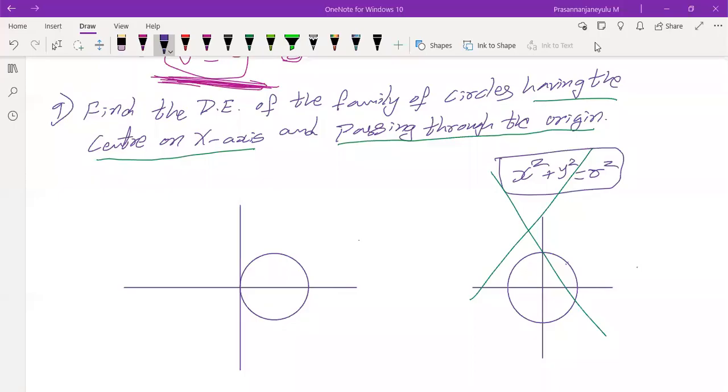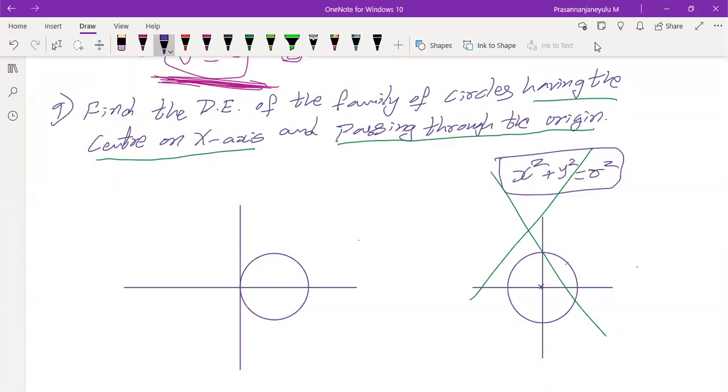As mentioned in the given problem, we have a family of circles whose centers are on the x-axis and which pass through the origin. If we take x square plus y square equals r square, the center is the origin, but the radius is smaller. This is the circle we will get, but this circle is not passing through the origin.